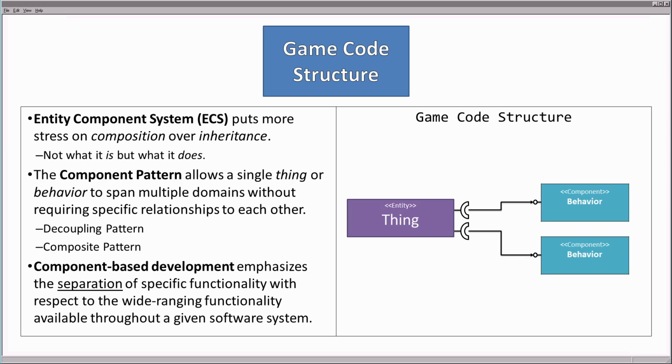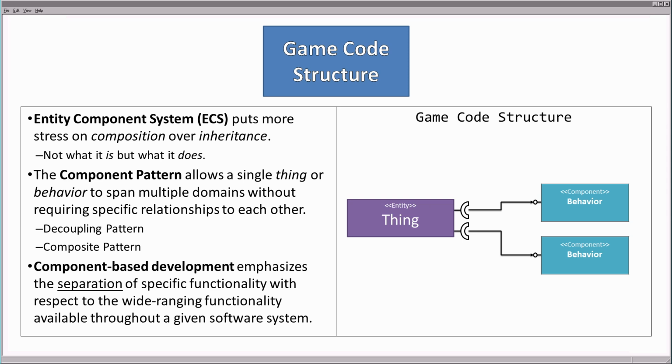Game software structures can be viewed in a slightly different way than most typical object-oriented design software. As mentioned, the Entity Component System (ECS) puts more stress on composition over inheritance. It focuses on not what it is, but what it does. The component pattern allows a single thing or behavior to span multiple domains without requiring specific relationships to each.